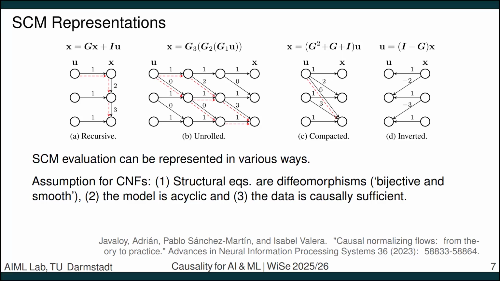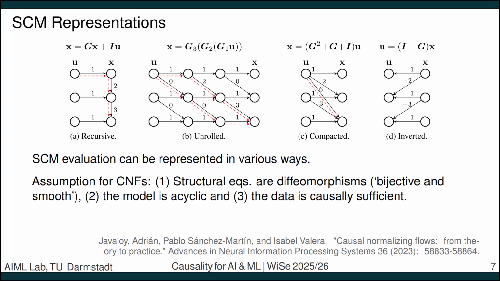So if we have this, we can, under some assumptions, here for causal normalizing flows, we assume that the structural equations are diffeomorphisms, so they are bijective and smooth. We can compress this unrolled representation back into a compacted representation, which basically means that we take all these influences that get propagated through all of those arrows and push them together into a single operation.